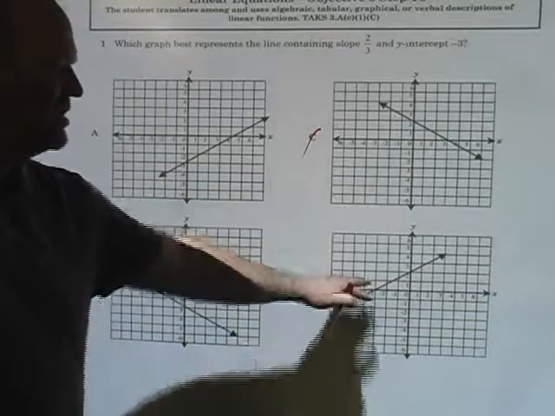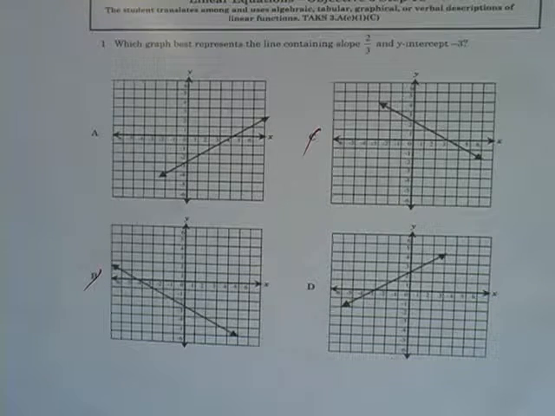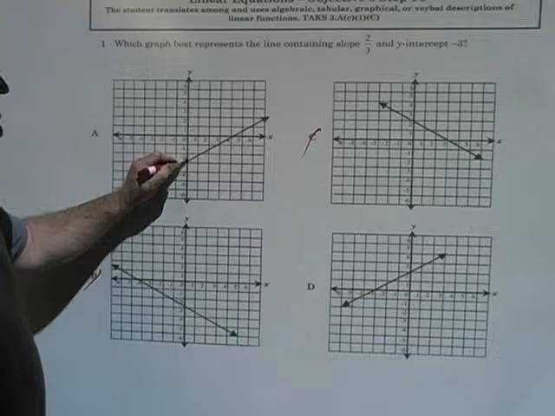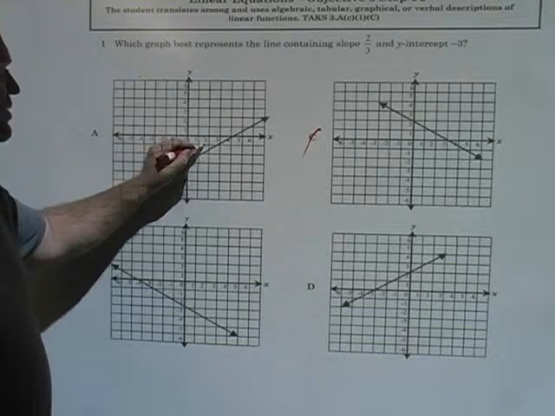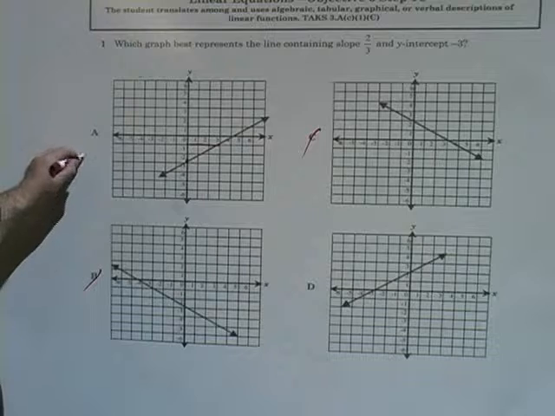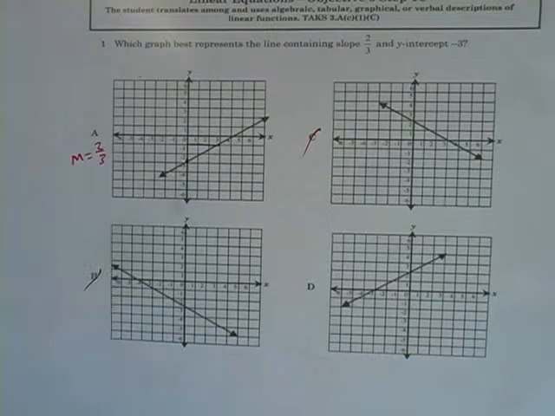Both of these have positive slopes. What are the slopes? Let's see. This one goes up 2 over 3. That one has a slope of 2/3. What about this one?